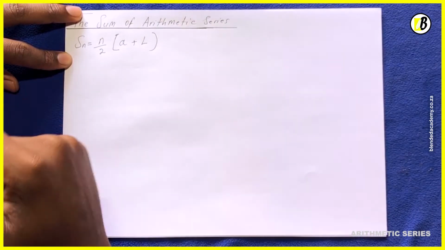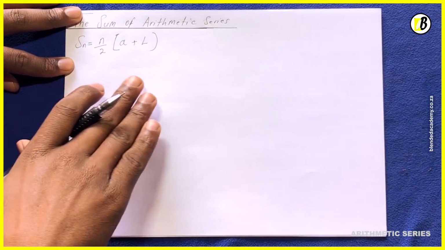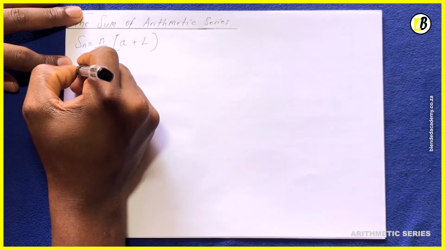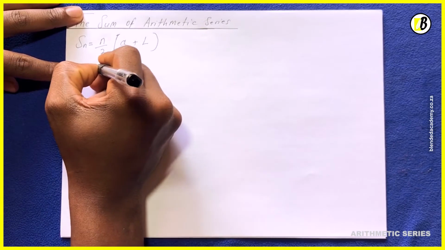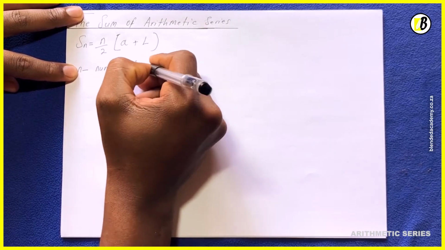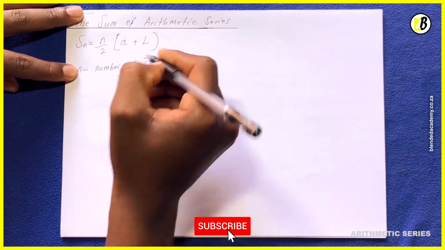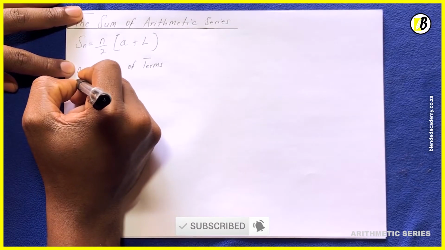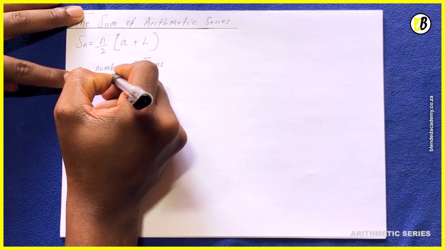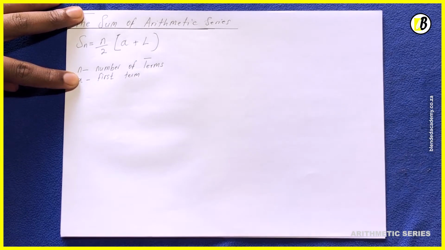Before we proceed forward, I need to give you guys the meaning of all the variables within this formula. We have n, which represents the number of terms, right? We have a, which represents the first term, right?